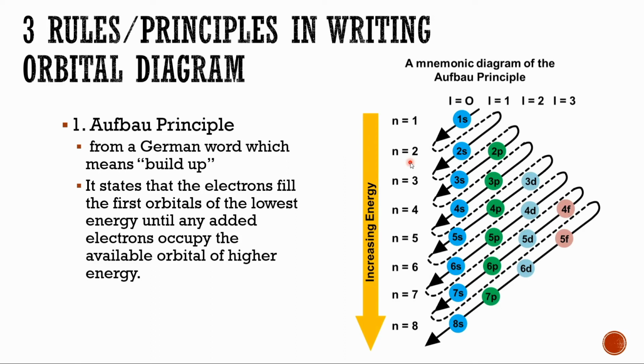Okay, so let's have here the mnemonic diagram of Aufbau principle. So as you can see, these are the number of energy increasing. Pababa, ayan o, increasing energy. Padagdag siya ng padagdag from 1 up to 8. So these are the energy level 1 to 8, 2 to 7, 3 to 6, and 4 to 5.